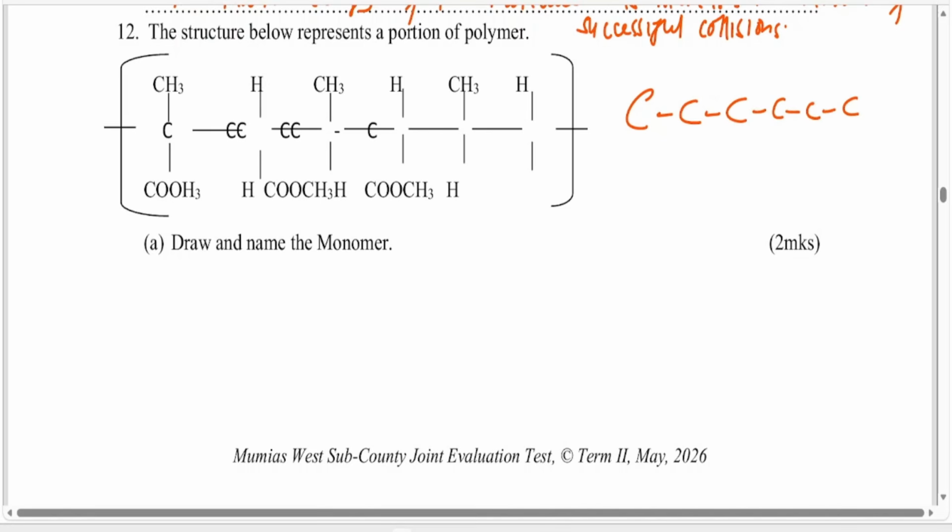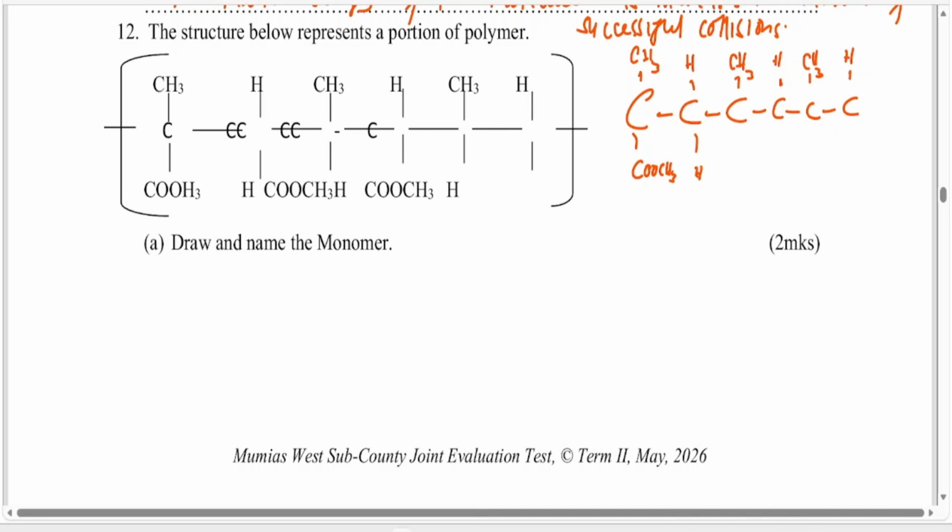So I want to retype it, or reconstruct it. That is methyl. This is hydrogen. Another methyl, hydrogen. Another methyl, hydrogen at that point. Then we have COOCH3.